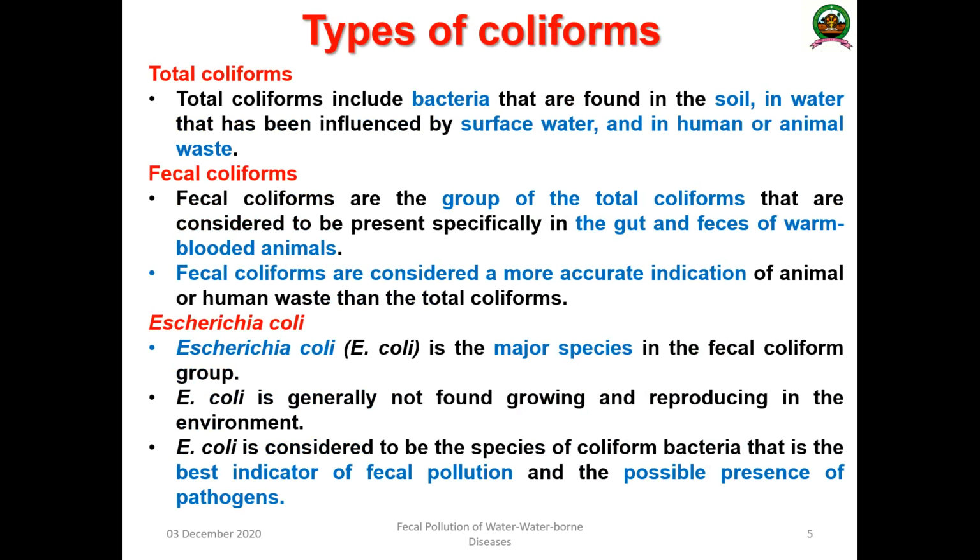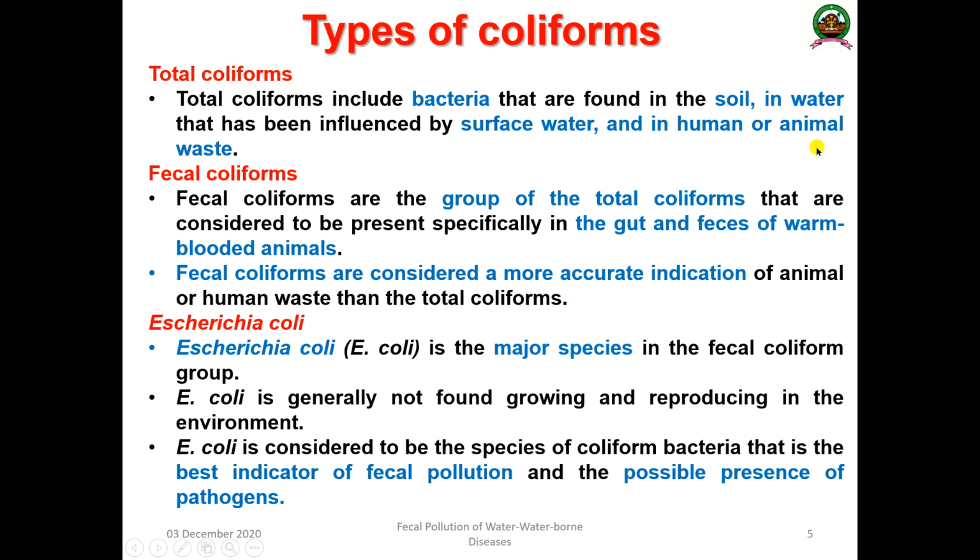Total coliform includes bacteria found in soil and water, influenced by surface water such as rivers, streams and lakes, and in human and animal waste. When human and animal waste is mixed with the water in soil, the water system and surface water, you will have a lot of bacteria in it; that is known as total coliforms.